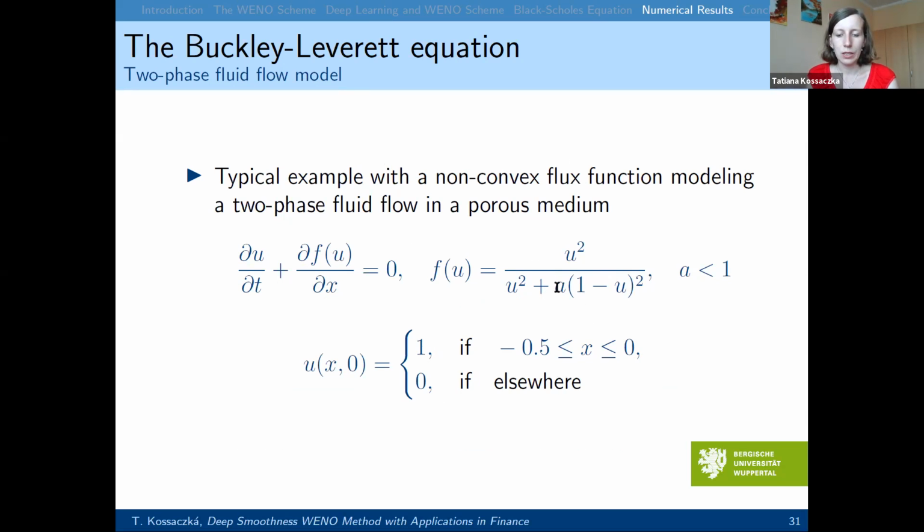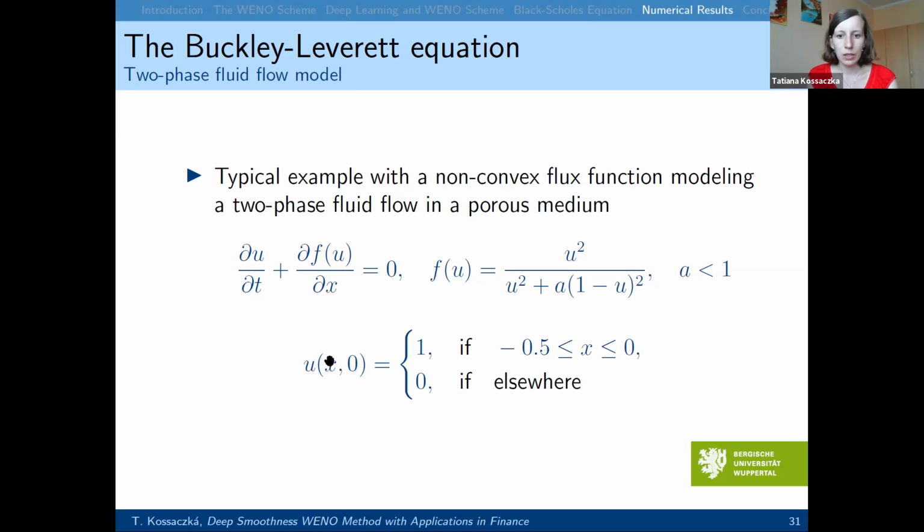So we decided to generate this parameter A and then produce many hyperbolic conservation laws, and then find the appropriate numerical scheme for solving of this equation.